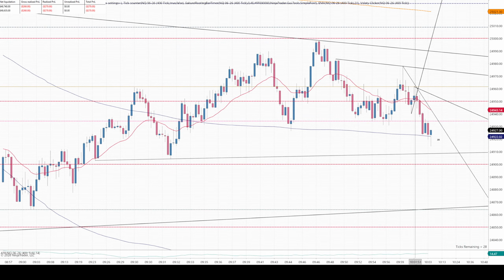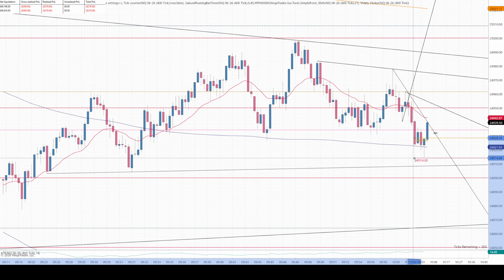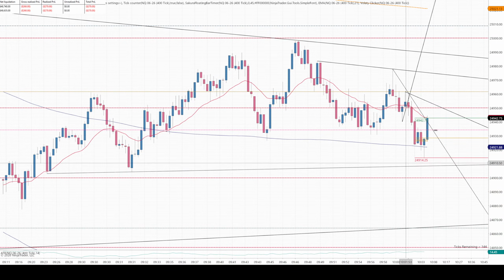Problem with going bearish now is we're so close to support. Don't really want to go bearish down here. Did trigger bullish. This thing just went to distance right away.